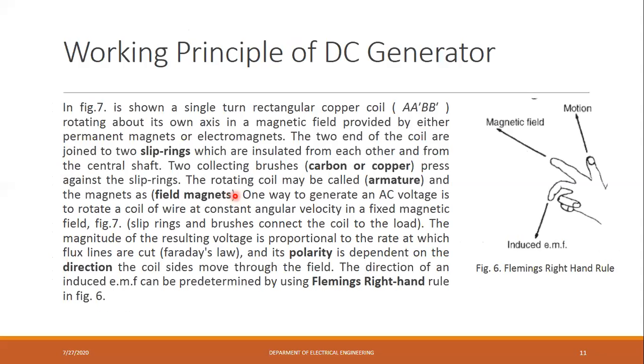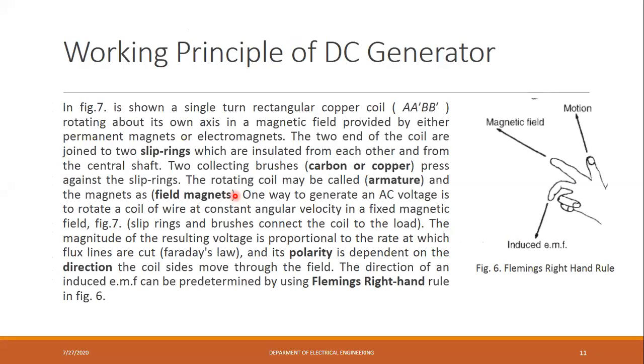Okay, so we will come to the DC generator working principle. In the DC generator, first of all you should understand what Fleming's right hand rule is. So I will explain Fleming's right hand rule first, and then we will go to the next.